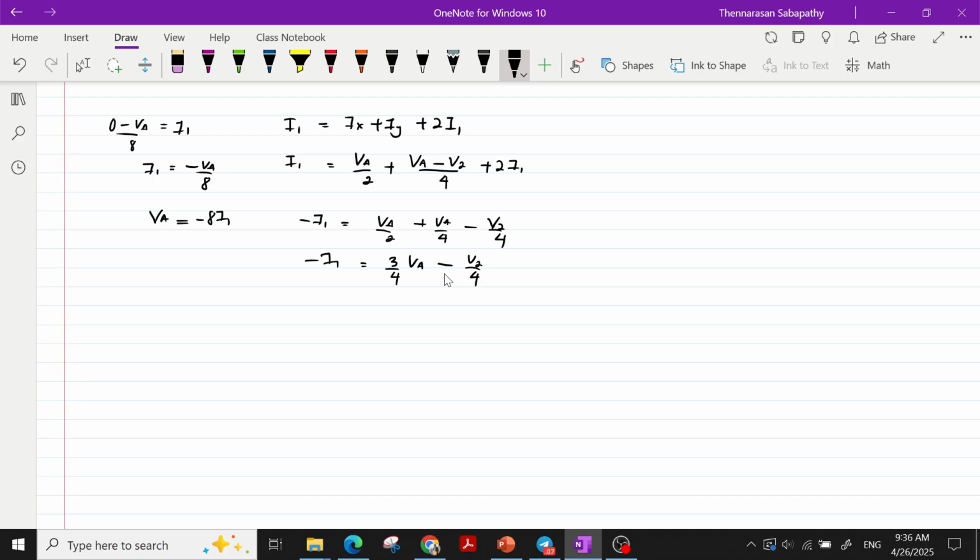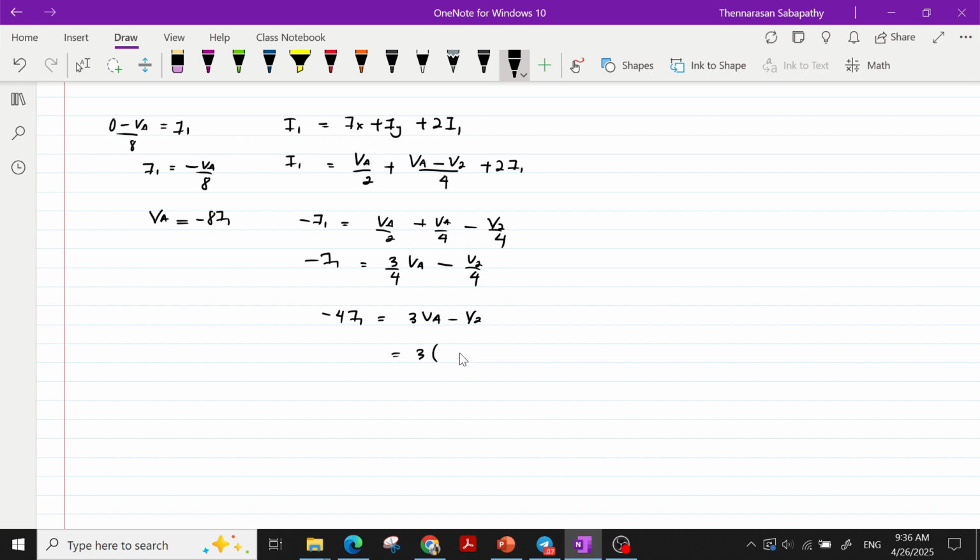This can be factorized out, the 1 over 4, I can bring this side. Negative 4I1 equals 3VA minus V2.